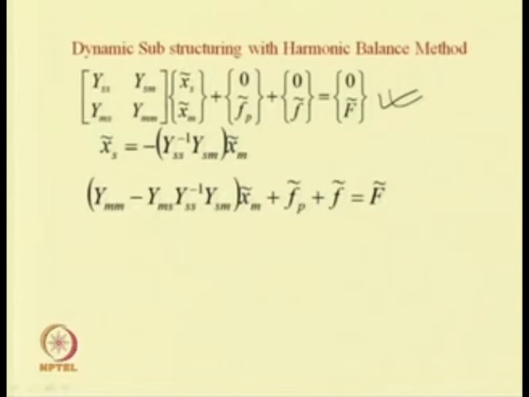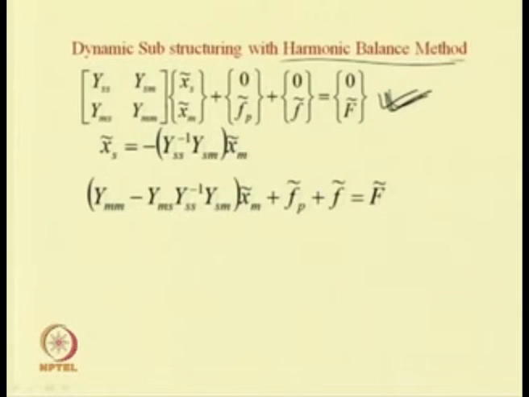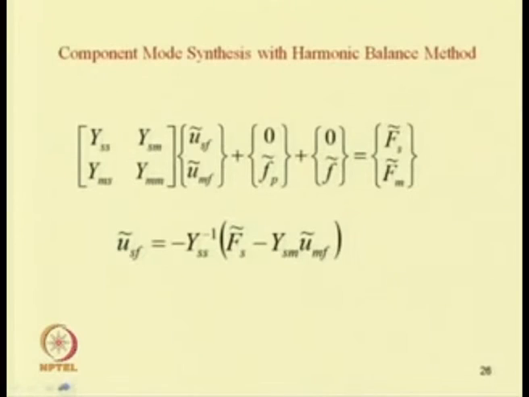By using dynamic substructuring we obtain this equation, and then we can apply the method of harmonic balance to reduce it to this form, which can be solved using the Newton-Raphson method to find the solution.